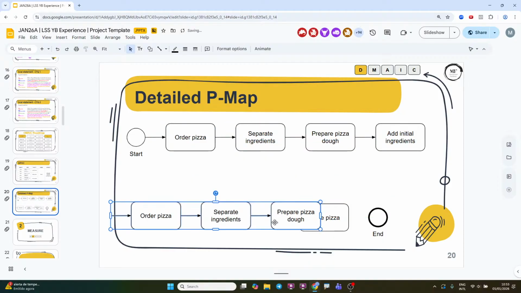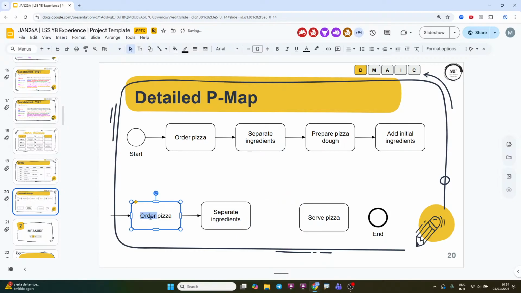Then let's say add initial ingredients, bake pizza, add final ingredients, and then serve pizza. Let's keep it as simple as possible.